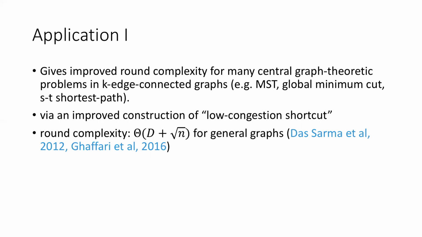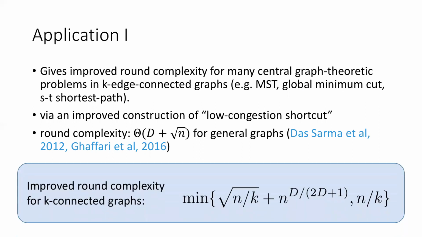The optimal round complexity for these central graph theoretic problems was theta of d plus square root of n for general graphs. And with the improved construction for low congestion shortcut, we obtain improved round complexity for these problems in k-edge connected graphs, which is the minimum of square root of n over k plus d, n to the d over 2d plus 1, and n over k. So note that if k is large and d is small, this improves upon the square root of n lower and upper bound for general graphs.